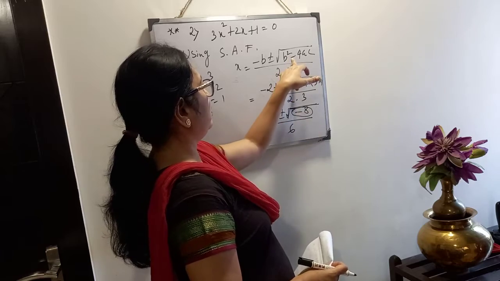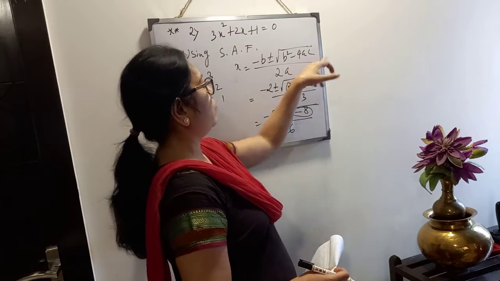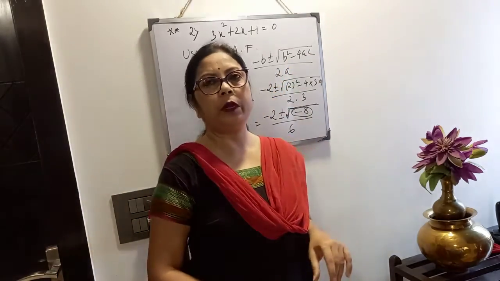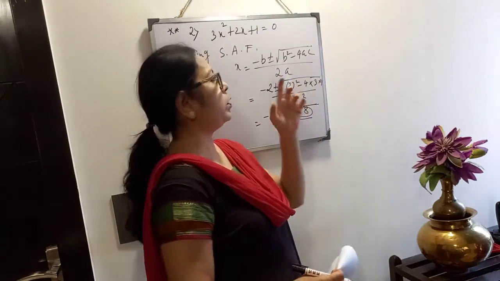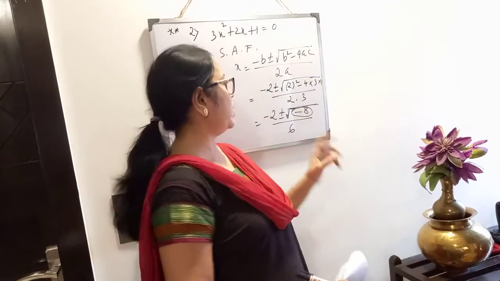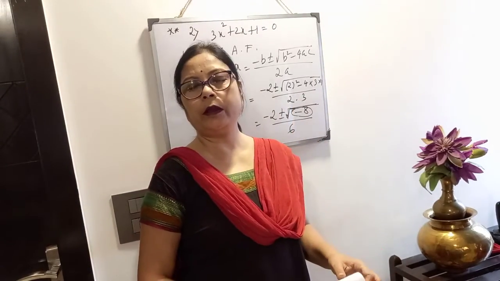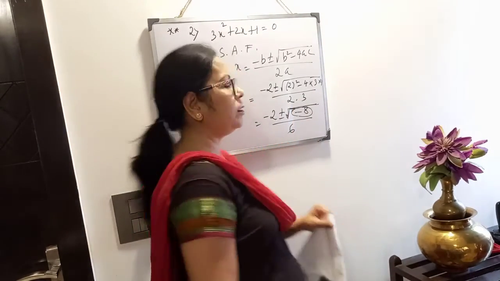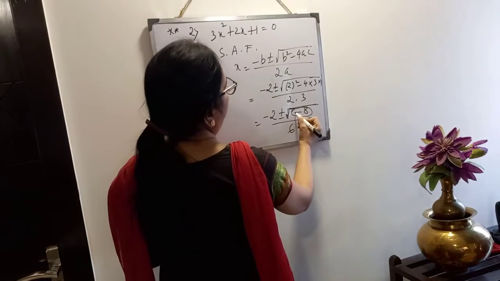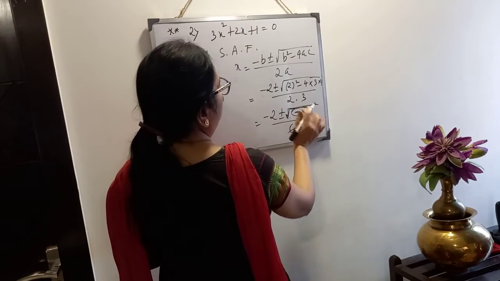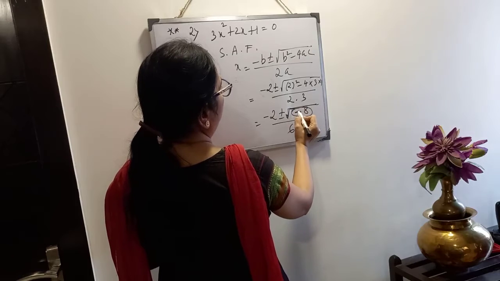Under root, this we are writing b square minus 4ac, it is called discriminant. When b square minus 4ac is less than 0, that means negative. So here in this case we will not get any real value. Here it is imaginary. In class 11 you will learn. I will come. It will be imaginary number or complex number.